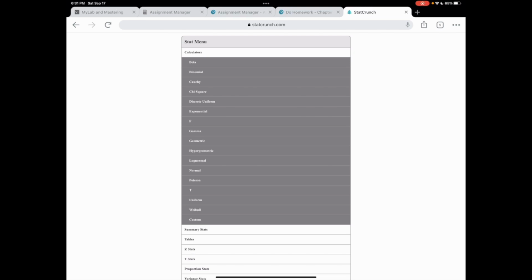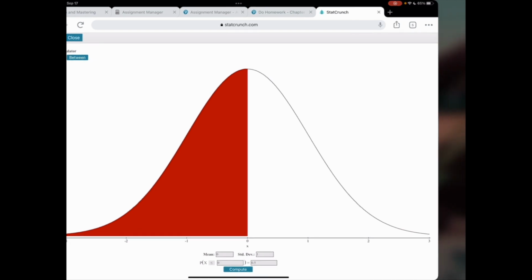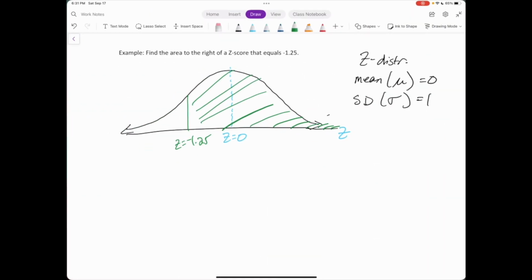What calculator do we want? We are dealing with the normal distribution, so you select the normal calculator, and it brings up this screen. Let me go back to our question. We want to find the area to the right of negative 1.25. Let me give you some notation.